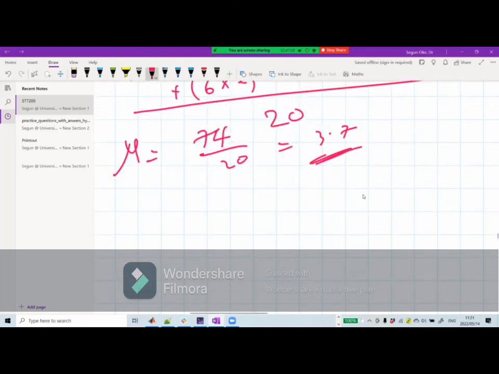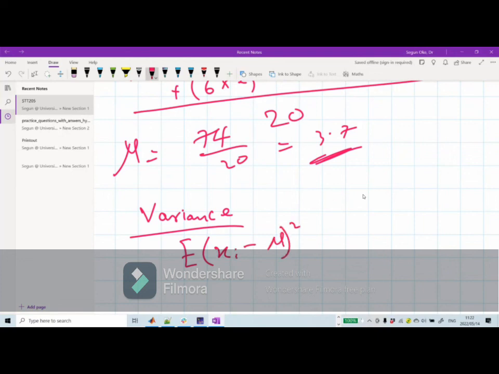They can ask us to calculate variance from here. The formula for variance is so simple. It's the expected value of X minus mu, all squared.